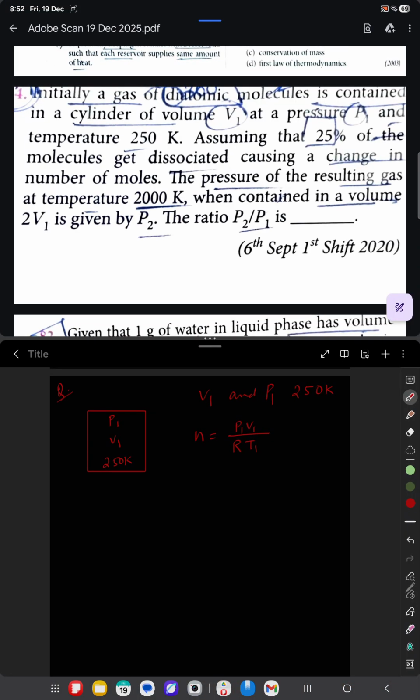As 25% is dissociated, n by 4 dissociates and 3n by 4 remains. This 3n by 4 is diatomic, but this n by 4 dissociated into n by 4 plus n by 4 monoatomic.